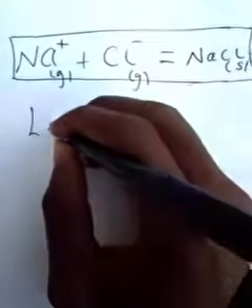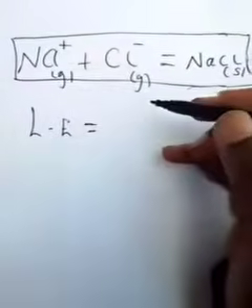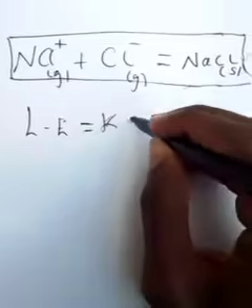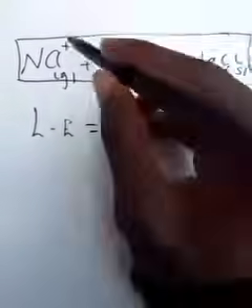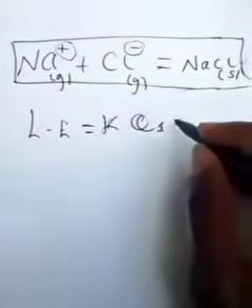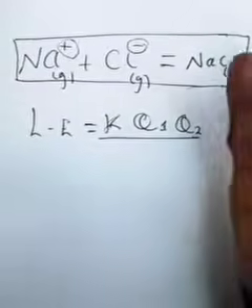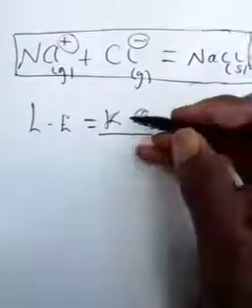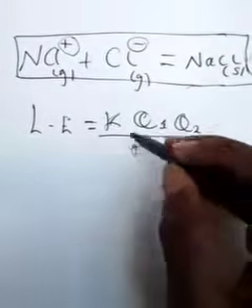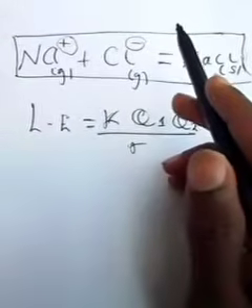Lattice energy is represented using this formula: constant times Q1, where Q is representing the charge, times Q2, which is the charge for the other element involved in a compound, over R. R is like a distance between the two ions, which they rarely give you.